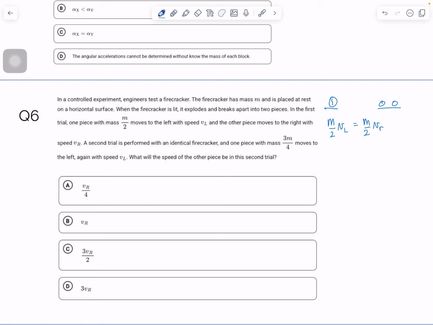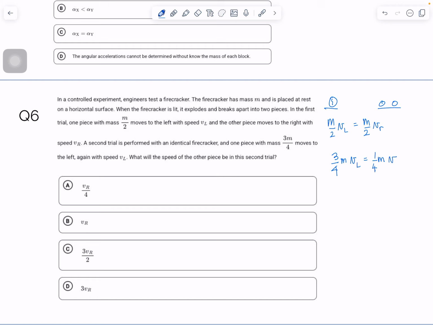So then we have a second trial. We have 3/4 M, and again, moving at VL, that means we have 1/4 M, because that's what's left over, and this is times V, which is an unknown.